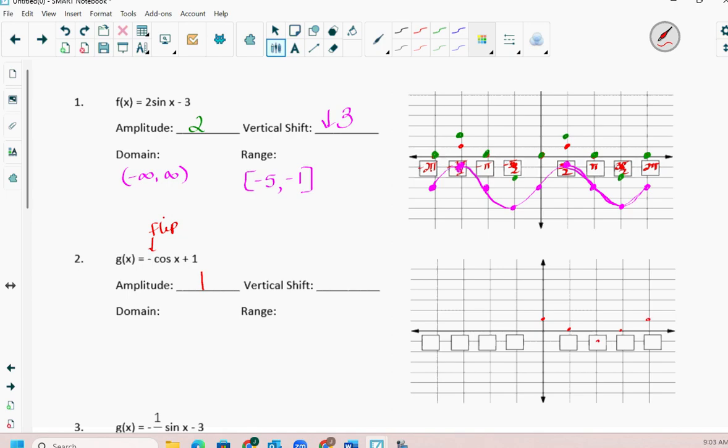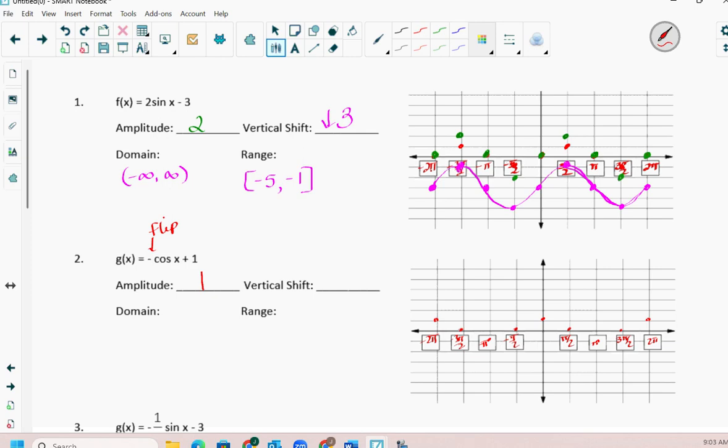I need to label. And guys, I know it's tedious to label all these little things, and you're like, it's the same labels every time. I know. You have to label them. Get in the habit of it. It's going to matter when we start changing the b value.